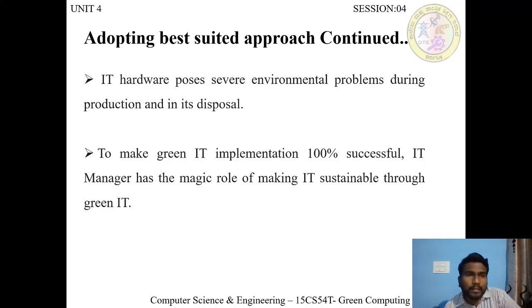In that we learnt the two approaches, the top down approach and the bottom up approach. We discussed the individual approaches in detail, what the positives and negatives of the approaches are, and we came to a conclusion about which of the two approaches is the best.